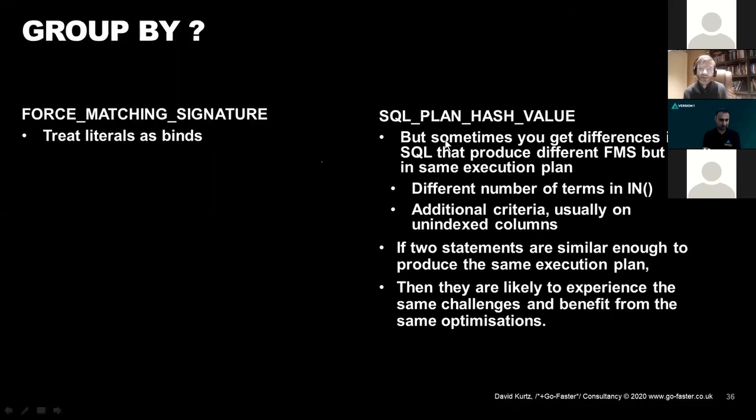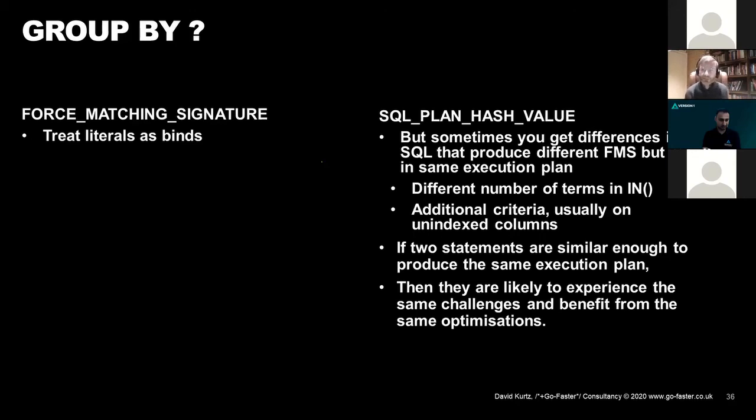But I actually prefer grouping by plan hash value. You sometimes get differences in the statement that produce a different force matching signature, but you still get the same execution plan. Different numbers of terms in an IN clause, or adding additional criteria that are not indexed, frequently have this effect.